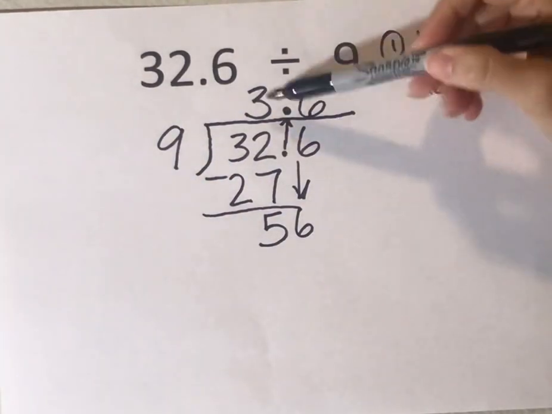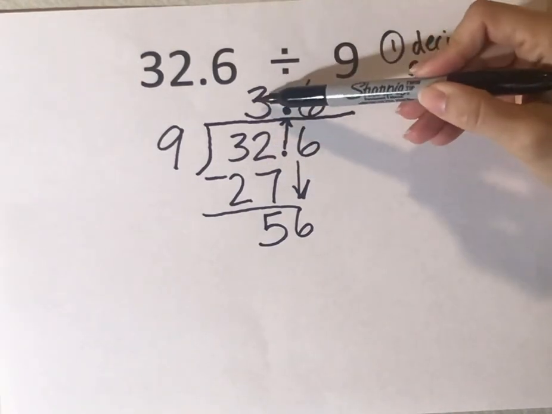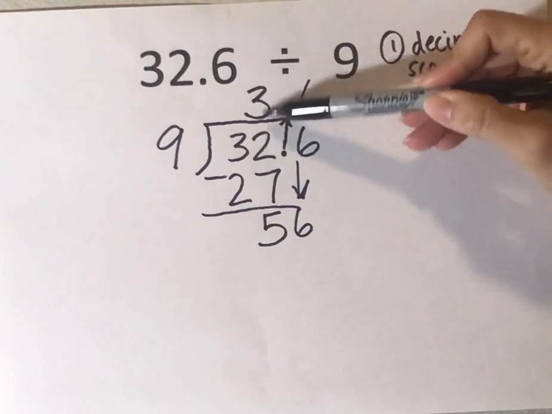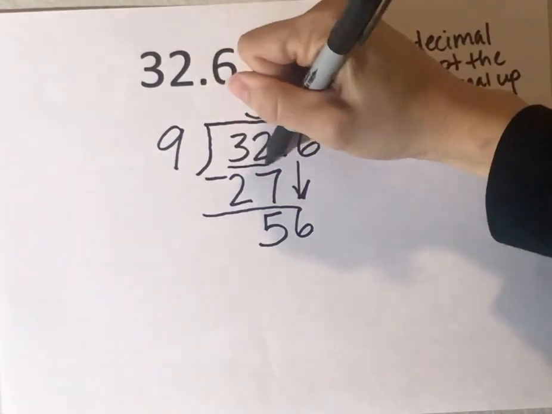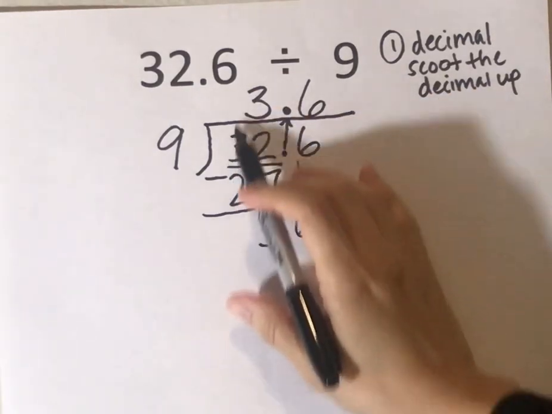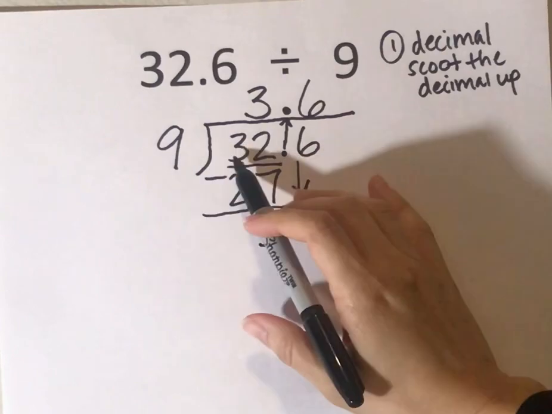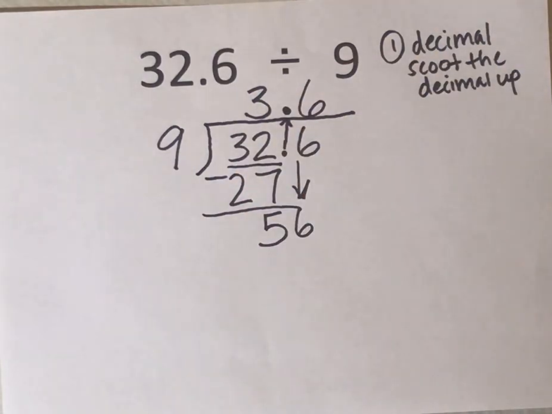Now, do you see how this is super important right here, is that I'm lining up my place value. Do you see how I put that 3 under that 2 because I was using 32? If you put that 3 under that 3 here, then you're not lining up your place value. You're telling me that 9 goes into 3 times, and that's not true.